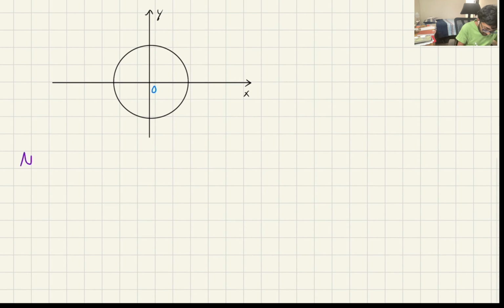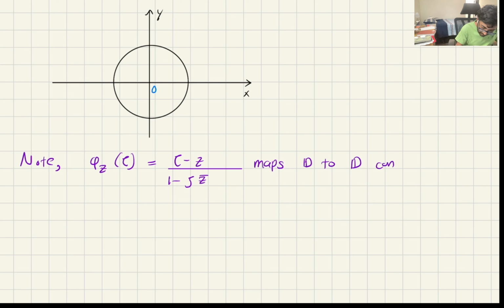Then this map would be important: phi_z(tau) is equal to (tau minus z) divided by (1 minus z bar tau). This maps D to D conformally, and this map is onto.